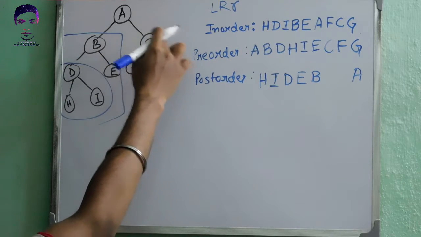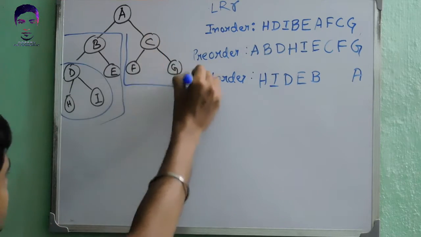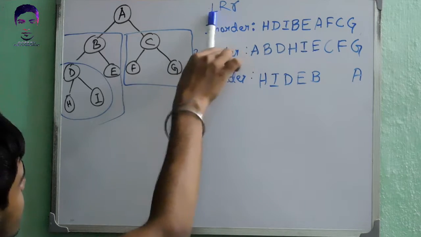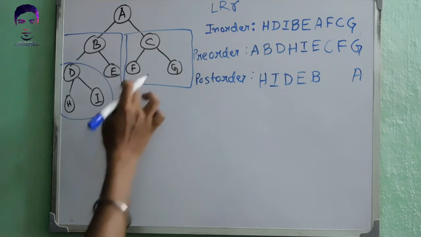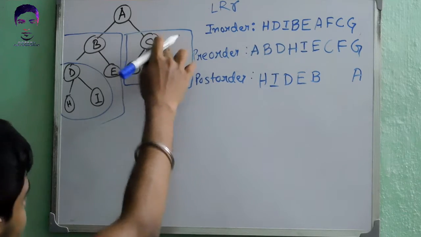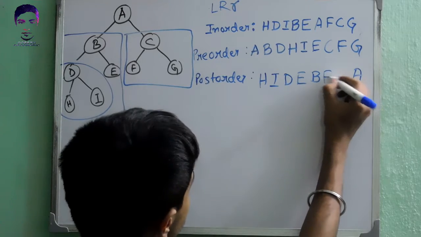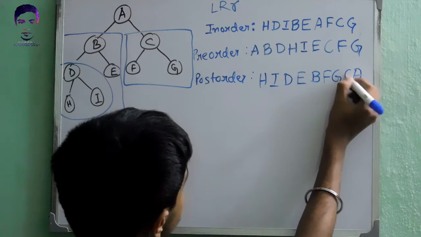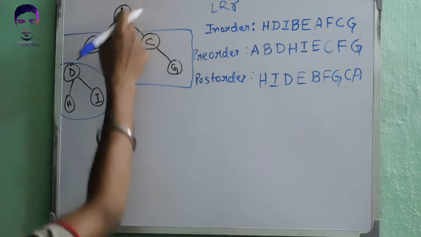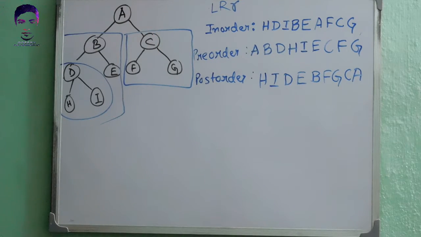Now let's move on to the right part of this tree. For this one again we have to perform this operation separately. So F will come first, then G and finally C. So F, G, C and finally the root of this whole tree, that is A, that we have written earlier.